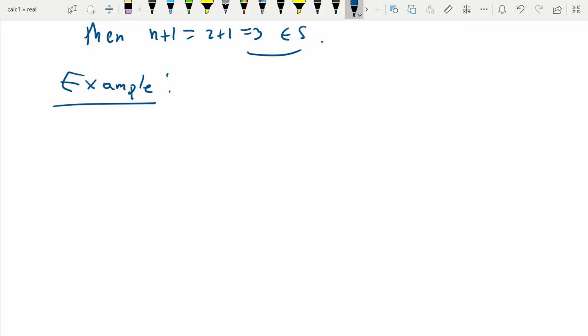But this is an elementary application. This is example 1.2.7 from the book, so let me just write it over here.